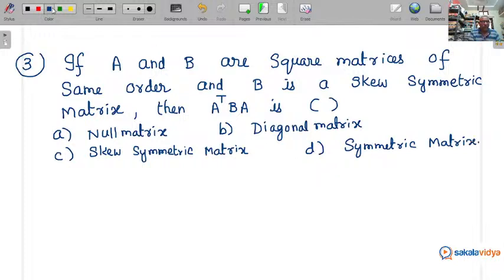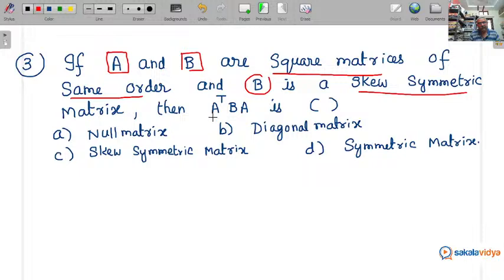First of all, read the question carefully. A and B are square matrices of same order, okay, but B is a skew symmetric matrix. Then A transpose BA is what kind of matrix? That we need to find out.